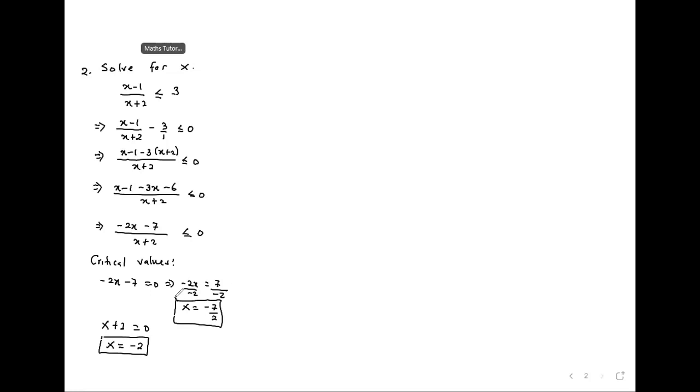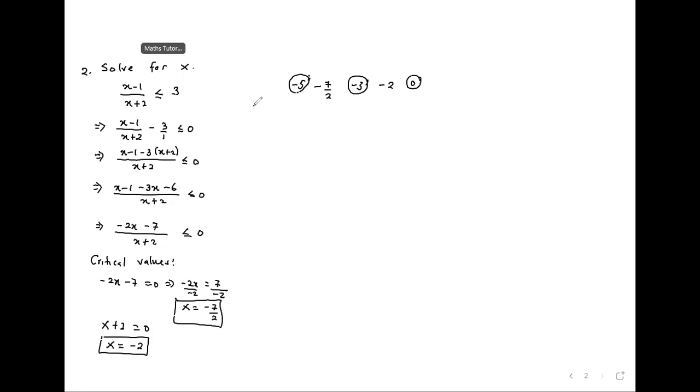table testing, where we put the smallest, which is negative 7 over 2, and then negative 2. There's no whole number in between here. No, there is. So in between here, there's negative 3, and then 0, and then negative 5.